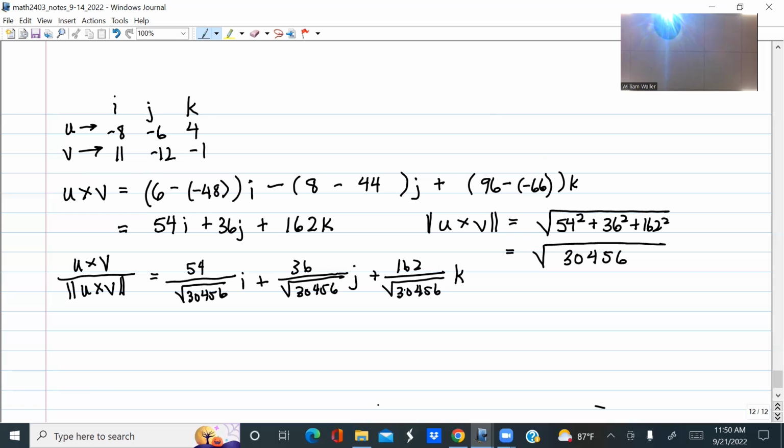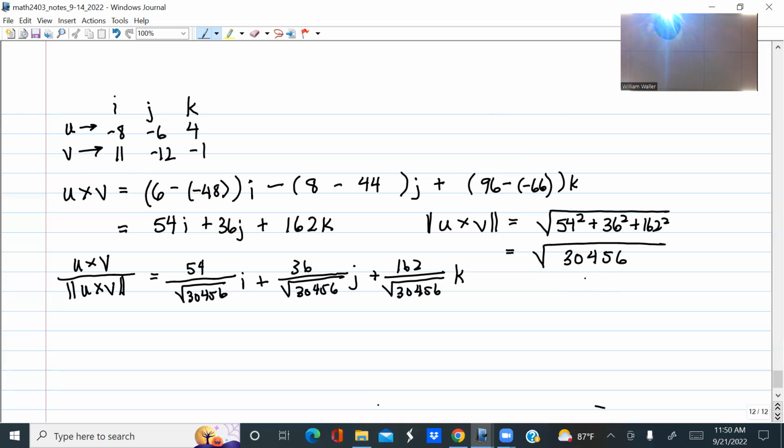coefficients, okay? They could probably be simplified some, but that would require you to simplify the square root of 30,456 by hand. We could do that, but it would take us a little while. Do you know how you simplify this by hand without using the calculator?